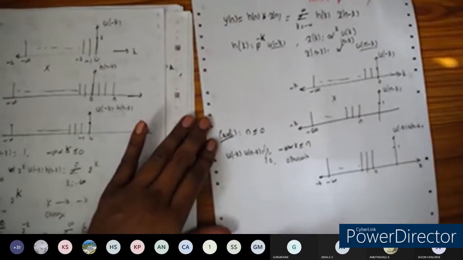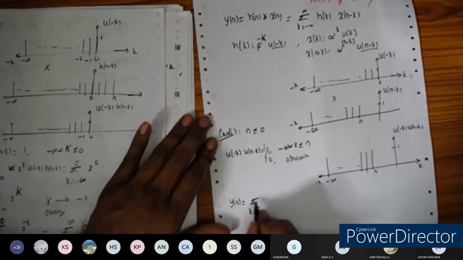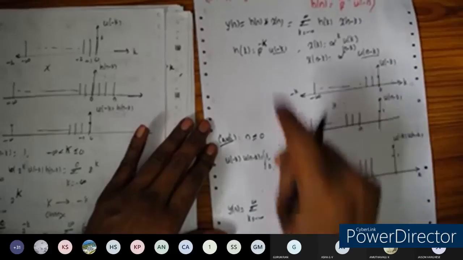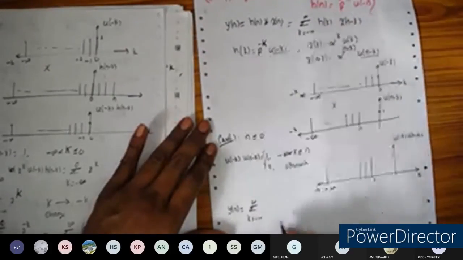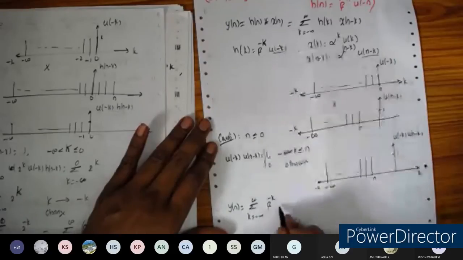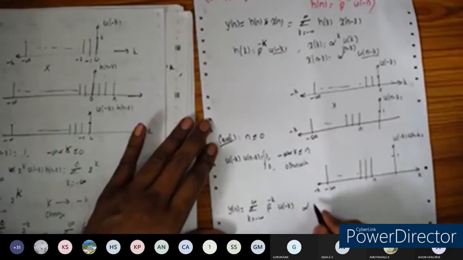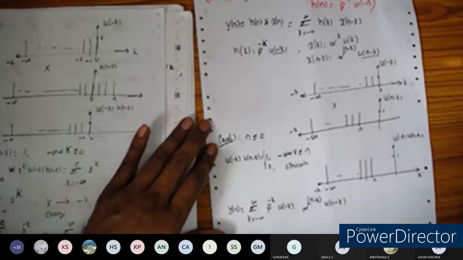So right now I'm going to substitute in the summation. So y of n is equal to the summation k is equal to minus infinity to plus infinity of h of k, where h of k is beta to the power of minus k into u of minus k, times x of n minus k, that is alpha to the power of n minus k into u of n minus k.